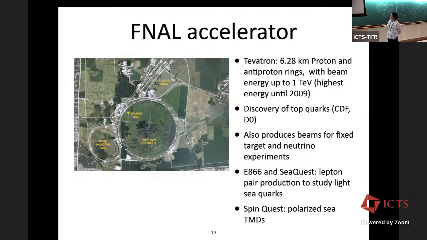From there, one of the experiments is the neutrino experiment, where you send the neutrinos very far away underground, and you also have hadron beams for testing detectors, which has been very actively happening for many years. The experiment that we are interested in here is the fixed target experiment called Drell-Yan. This is quite an interesting process to study the sea quarks, and we will talk about this when we talk about the sea quarks.